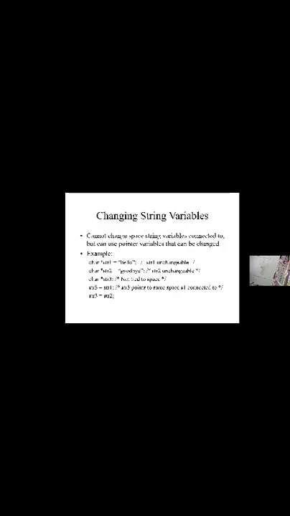Changing a string variable: you cannot change the space a string variable is connected to, but you can use a pointer variable, which can be changed. Here we have one example of a pointer variable. Asterisk means pointer; if you have not written the asterisk, it is a normal variable. If you have written the asterisk, it is a pointer variable. Hello in str1, goodbye in str2.